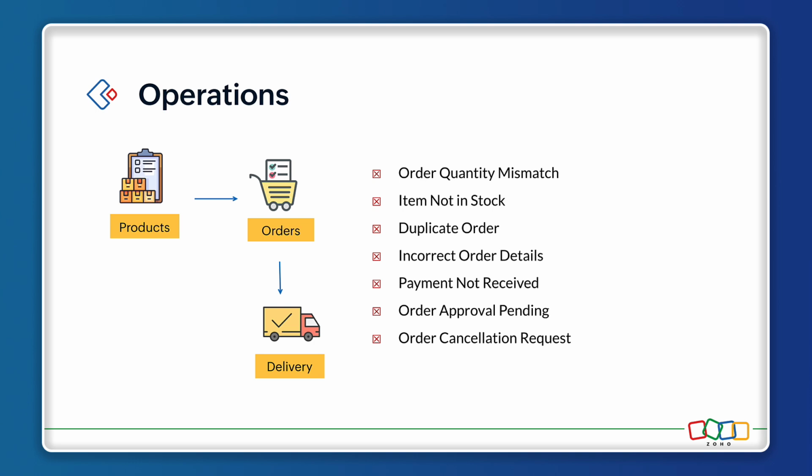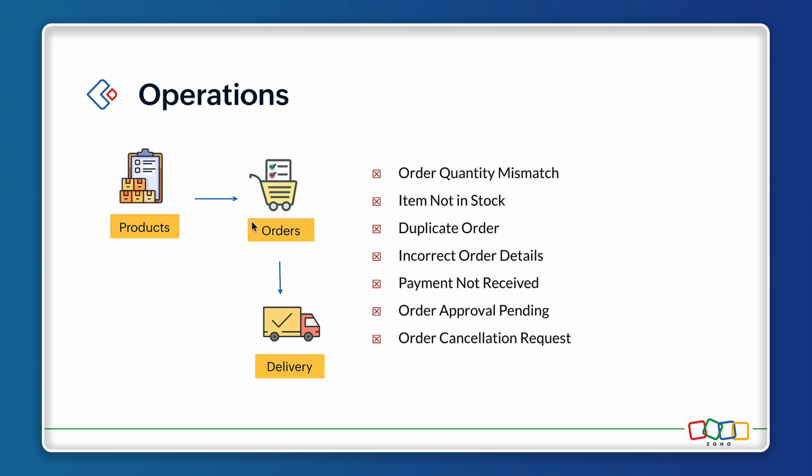Incorrect order details is a major exception that needs attention. Then there is payment not received, order approval pending for more than a certain number of days, or an order cancellation request once the dispatch is done. So these are the places where an exception can happen in the order module.